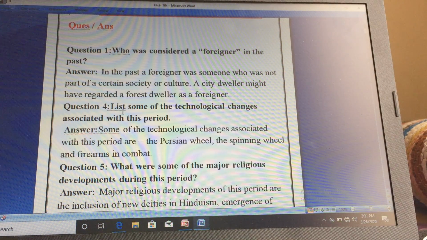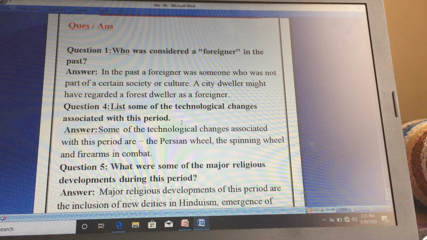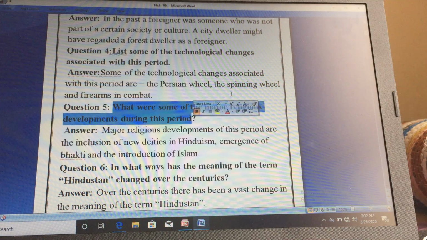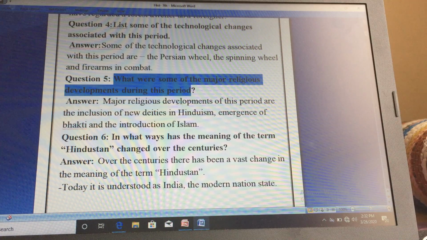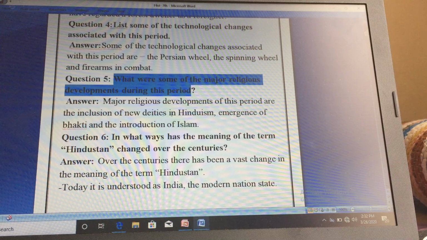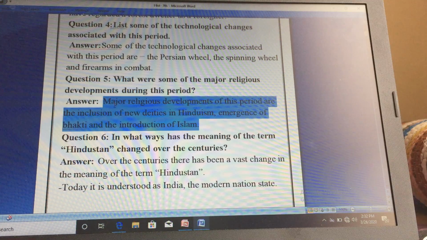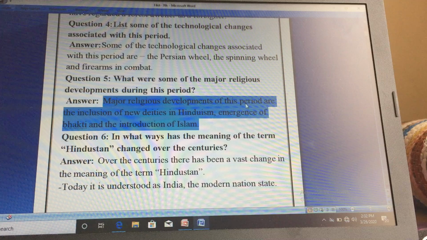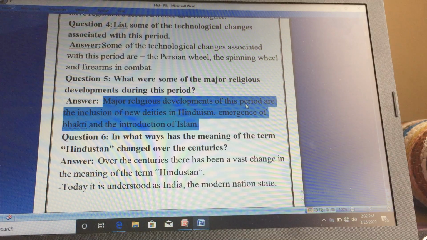The major religious developments of this period are inclusion of new deities in Hinduism, emergence of bhakti, and introduction of Islam. I hope you remember we studied Hinduism, new deities were introduced, Islam came into India, and the idea of bhakti came in.